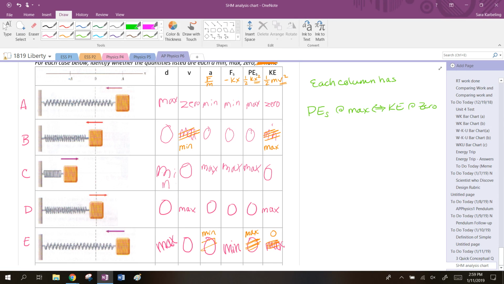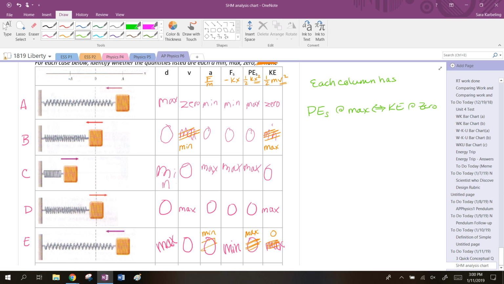So you're saying these ones are not 0 at the same time, and these ones are 0 together. Is that kind of what you mean? So in A and C, D is max and C is min. They're the same, it's just that they're opposite. Same absolute value? Okay, I like that.